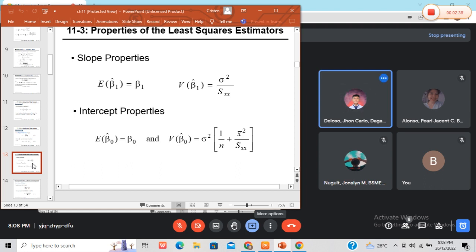The expected value of beta hat sub 0 is equal to beta sub 0, and the variance of beta hat sub 0 is equal to the variance multiplied by the quantity of 1 divided by n plus x bar squared, or the mean of our x squared, divided by S xx.